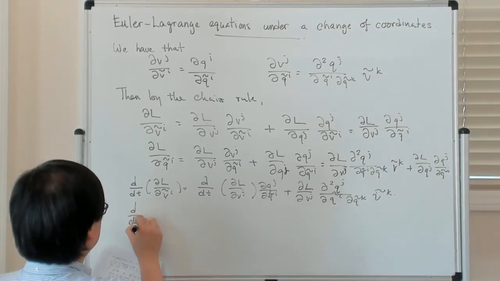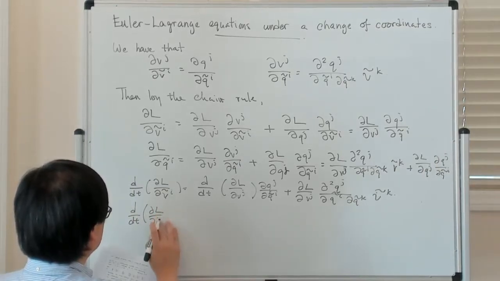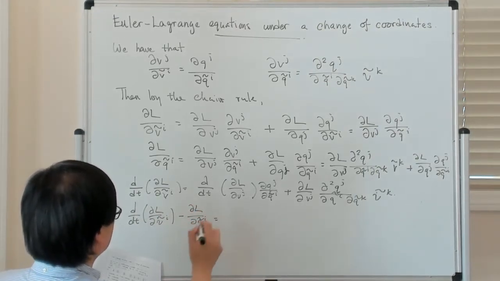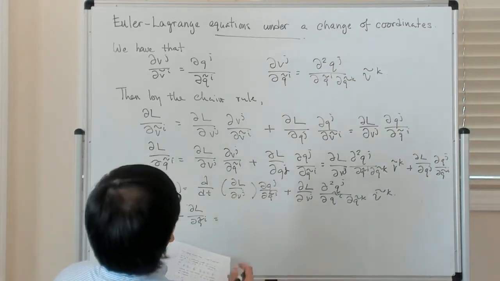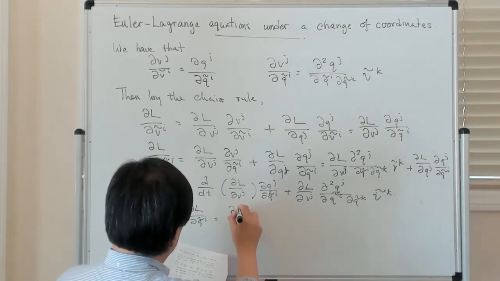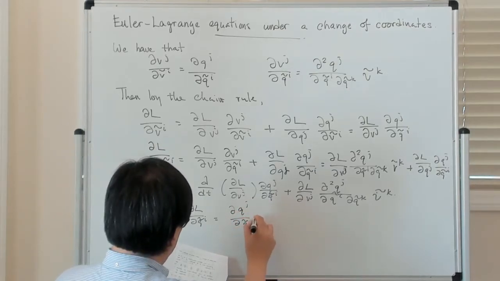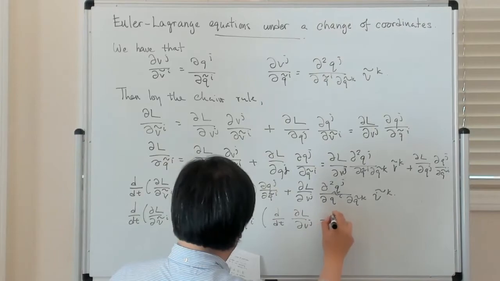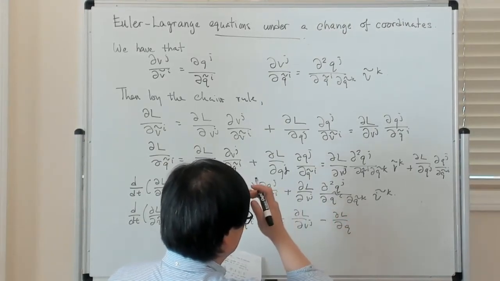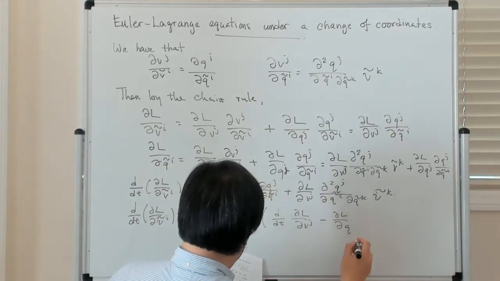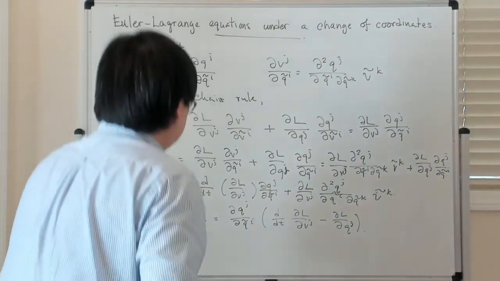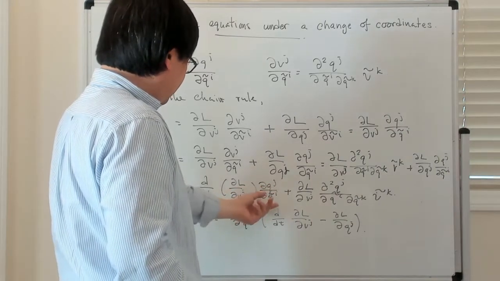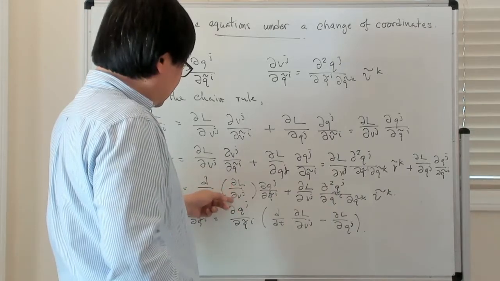So d/dt of ∂L/∂ṽ_i minus ∂L/∂q̃_i is equal to the equation which I wanted to have, which is that ∂q_j/∂q̃_i times (d/dt ∂L/∂v_j minus ∂L/∂q_j). Okay, so let's see how you get that, because there's this ∂q_j/∂q̃_i term, which I've pulled out here, and then there's a d/dt ∂L/∂v_j term, which is here.